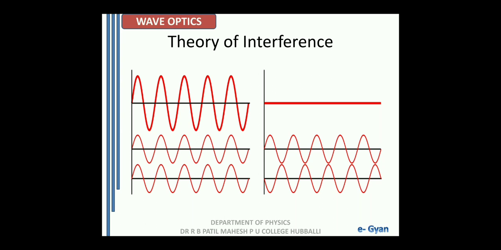Whereas on the right side image, the two waves superpose such that the crest of one overlaps with the trough of another. Therefore, the two displacements cancel the effect of one another and the resultant displacement will be 0. So the disturbance is 0.